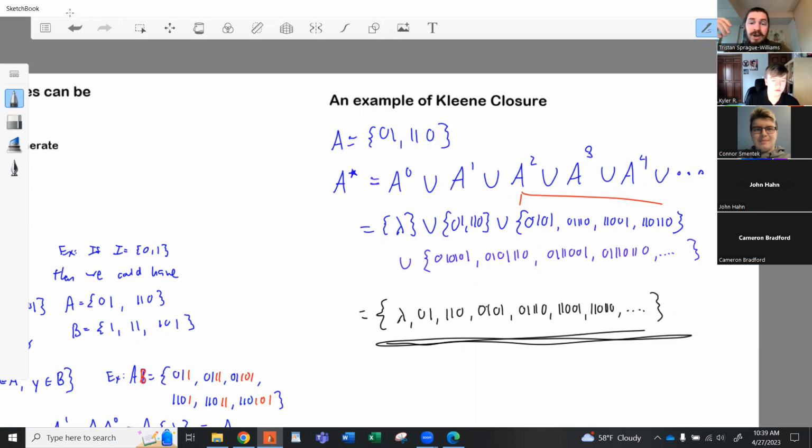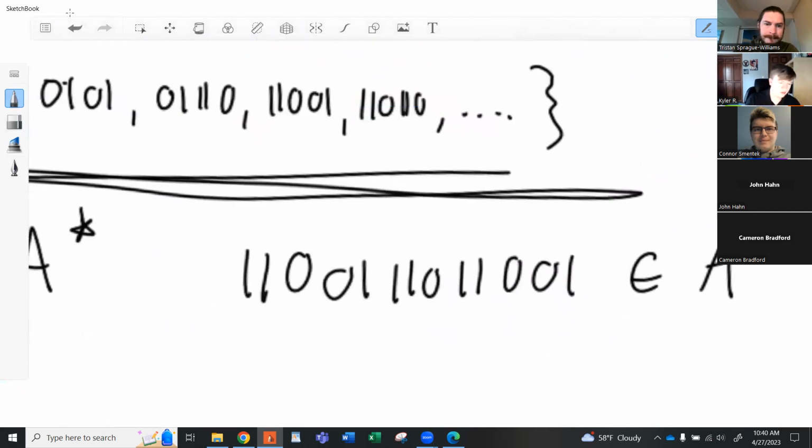I also don't have the string 101. 101 is not an element of A star because there's no way to make 101 by taking 01s or 110s and combining them together, right? The only things that are in here are things that you can form in combinations of 110s and 01s.